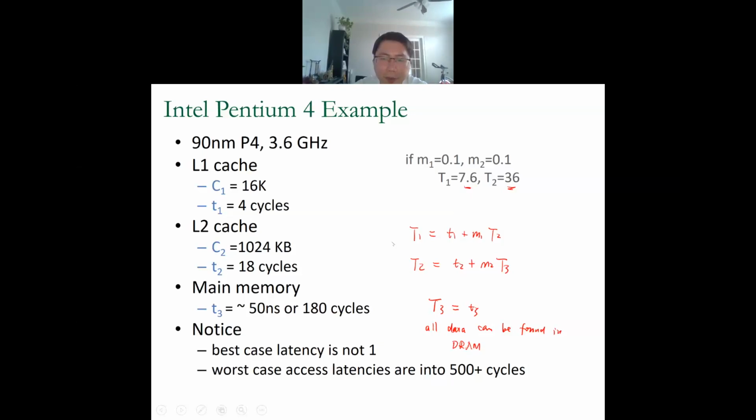So you have to do it backwards, okay? And you can say that on average, if you have this kind of miss rate, for the level 1 cache you need to spend 7.6 cycles to access 1 bit. If you do the best, you can get 4 cycles, but due to this miss rate, you can only do 7.6.